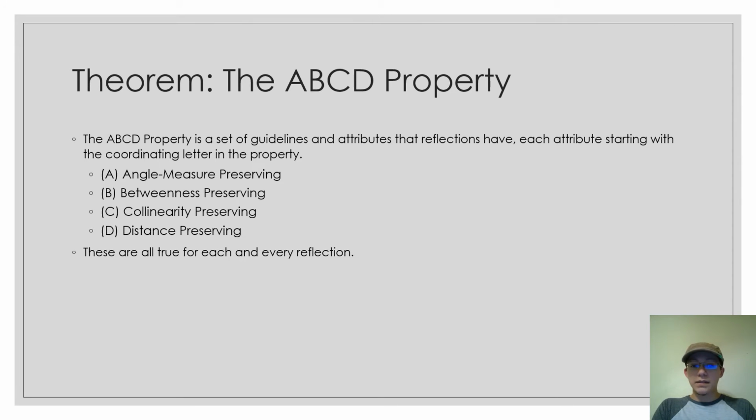A is angle measure preserving, B is betweenness preserving, C is collinearity preserving, and D is distance preserving. And this is true for each and every single reflection that there is and ever could be.